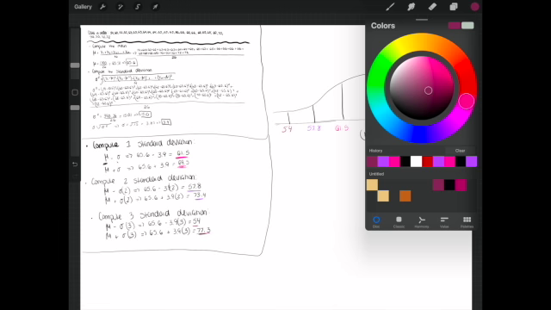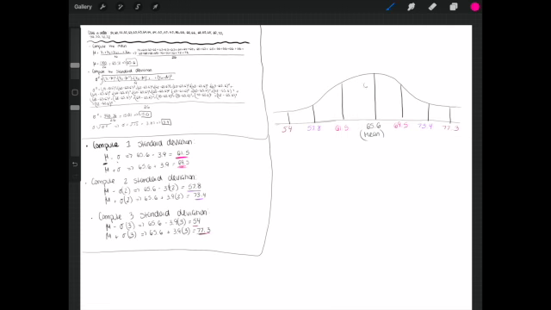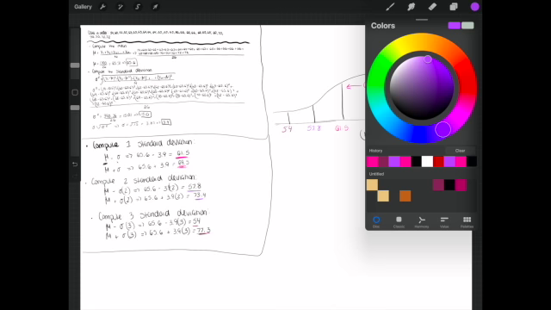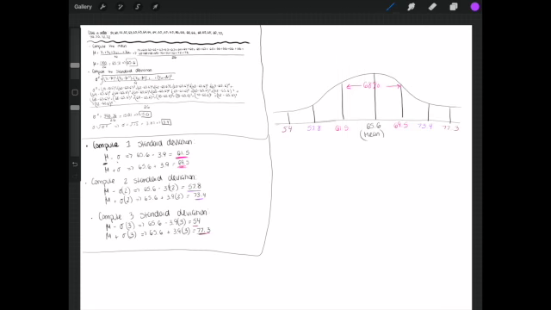Now I'm going to go back to my pink to show that this is 68%. My purple to show 95%.